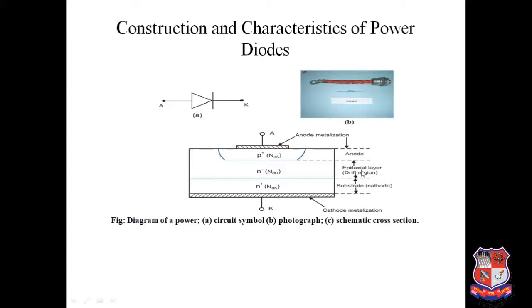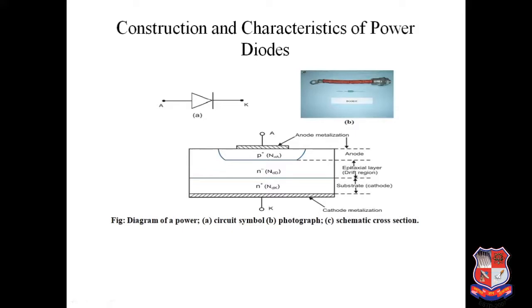So there is a lightly doped n minus epitaxial layer of specified width depending on the required breakdown voltage. Whatever breakdown voltage you want, that decides the drift region.